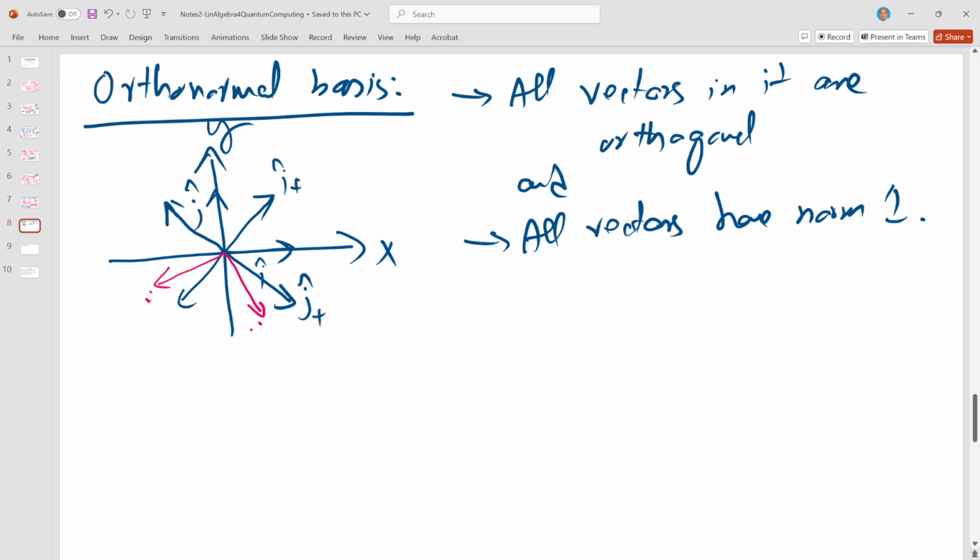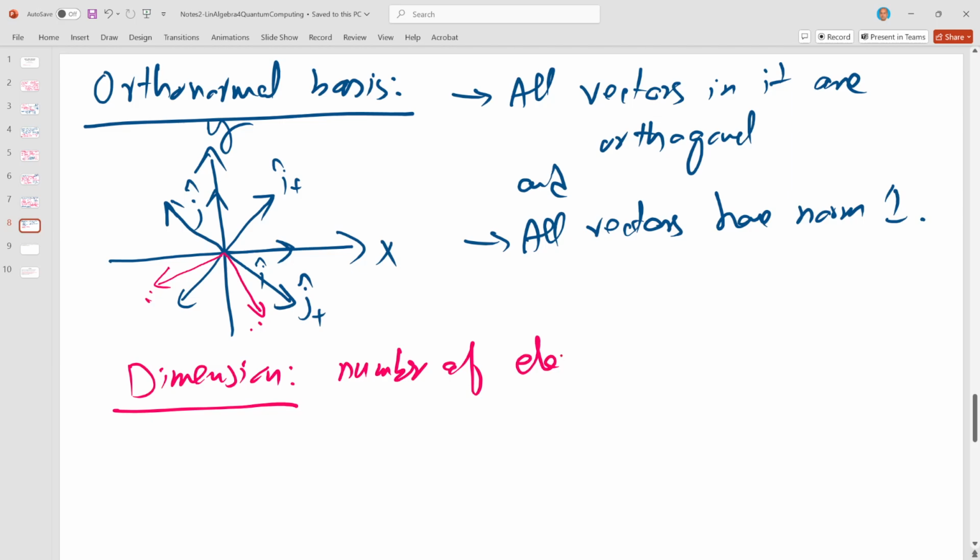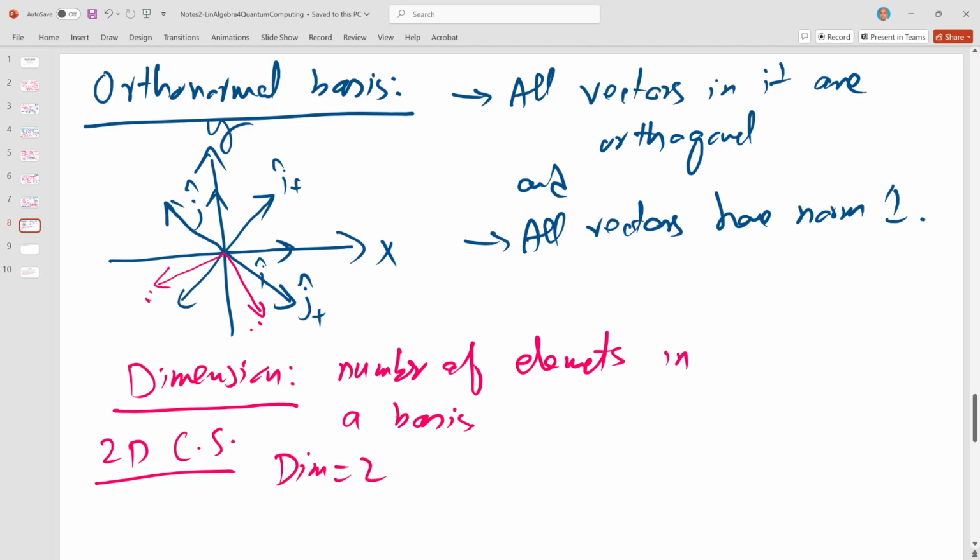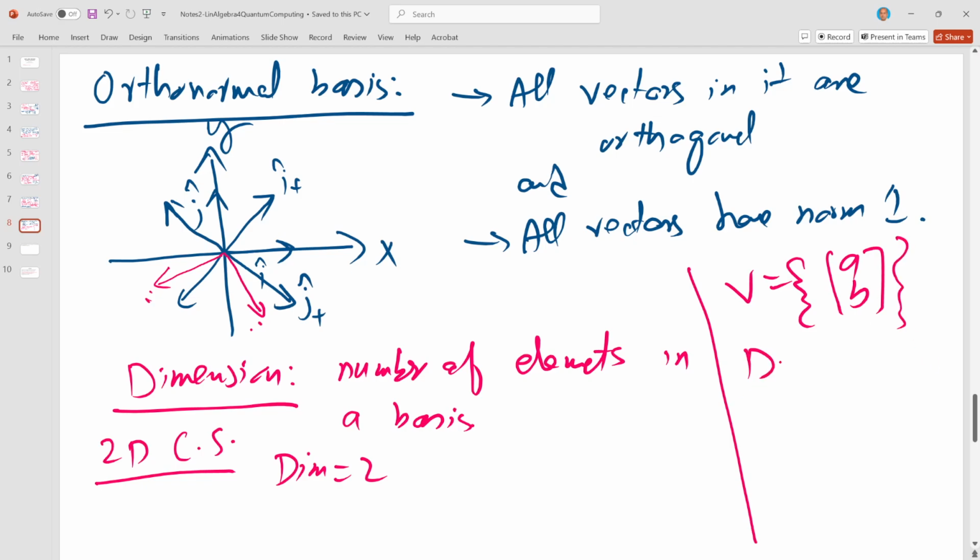However, one thing is common in all of these bases, and that is the dimension. So a dimension is the number of elements or vectors in a basis. For example, 2D Cartesian space has dimension 2. Similarly, a vector space of complex 2 by 1 column vectors has a dimension of 2 because it can have a basis with two vectors.